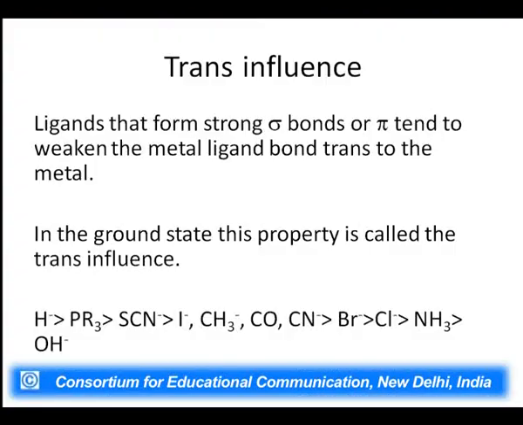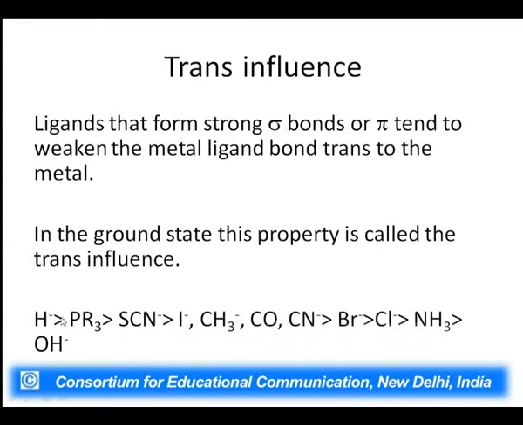This is a ground state property: it increases the bond length of the metal and the leaving group in the ground state only. This trans influence depends upon the ability to form strong sigma or pi bonds.